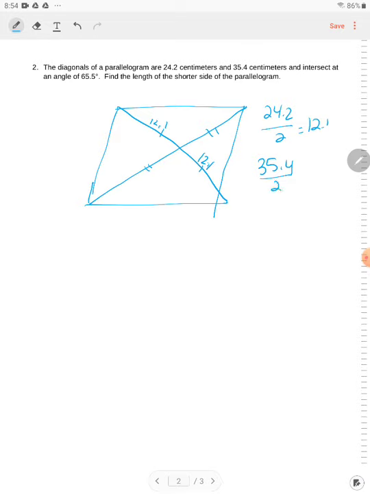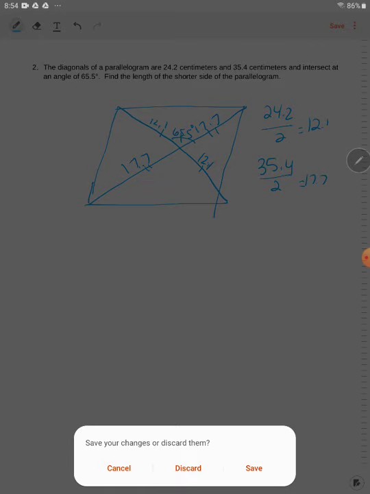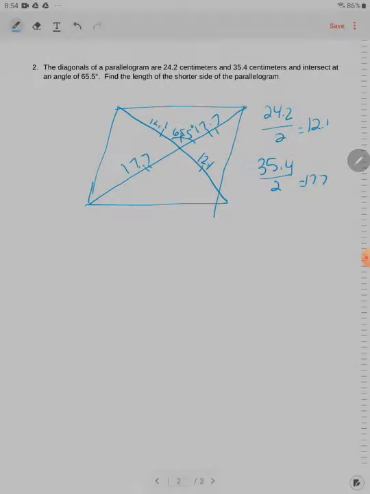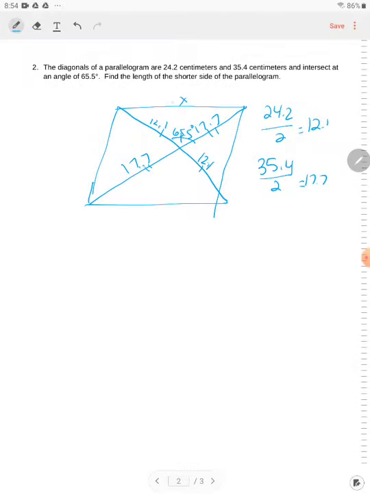35.4 divided by 2 is 17.7. Now notice this is not drawn to scale. Okay, so we know this angle here is 65.5 degrees. So we can find the shorter length, which would be here, so we'll call it x.